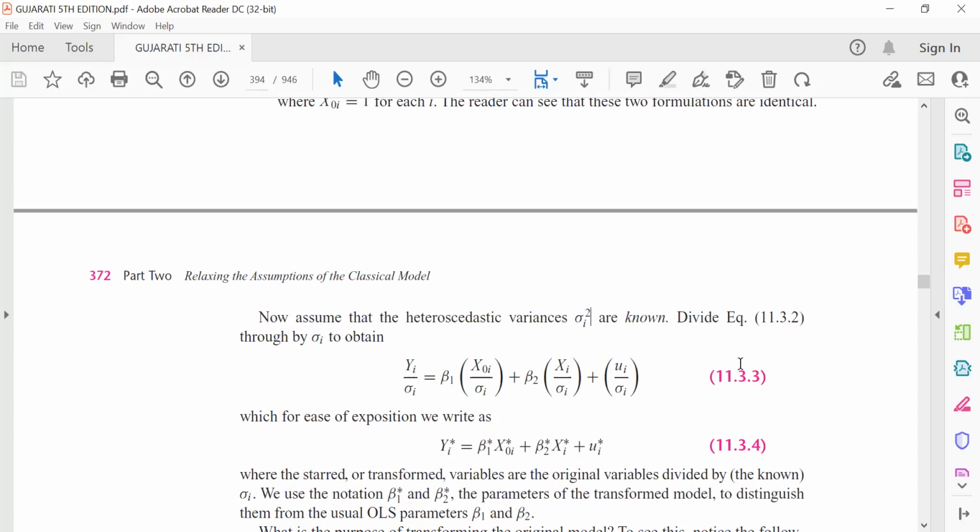So we get equation 11.33. Y becomes y star, y asterisk, which is y over sigma. Also we divide x by sigma, and the other x also divided by sigma. So we have equation 11.34. It is weighted least square.